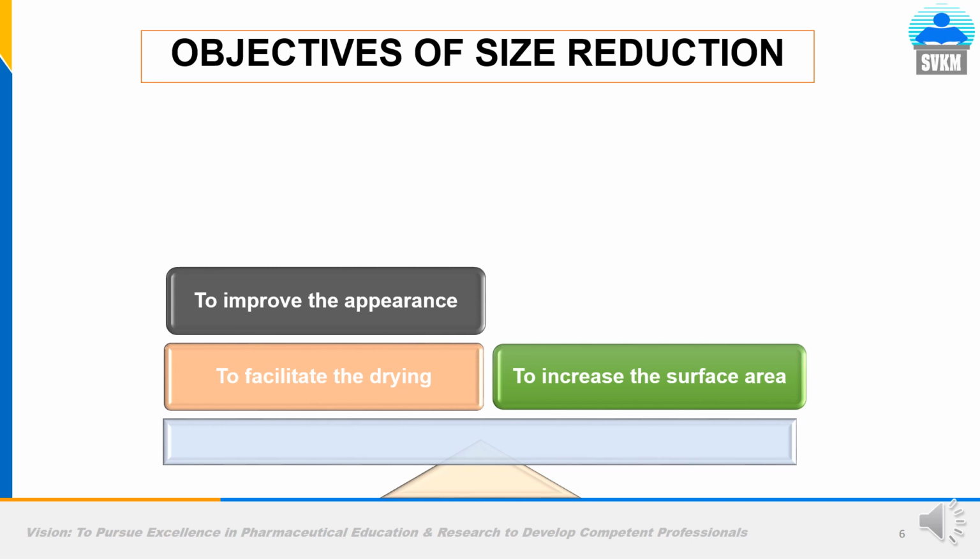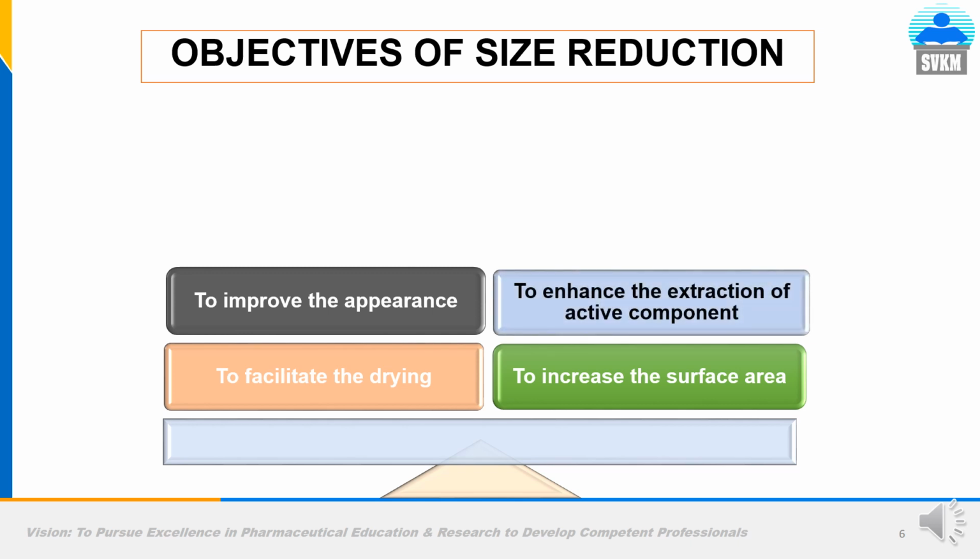Third, to improve the appearance. The physical appearance of ointments, pastes and creams can be improved by reducing their particle size. Next, to enhance the extraction of active components. Smaller particles show rapid penetration into tissues or cells, so the extraction of active constituents becomes effective and complete.